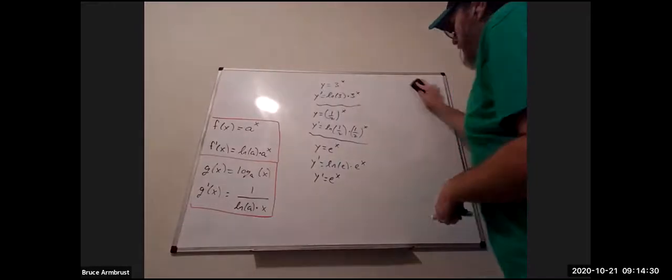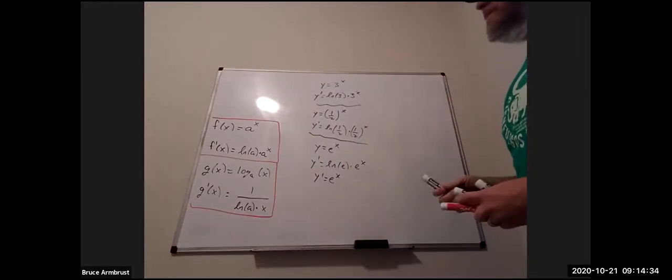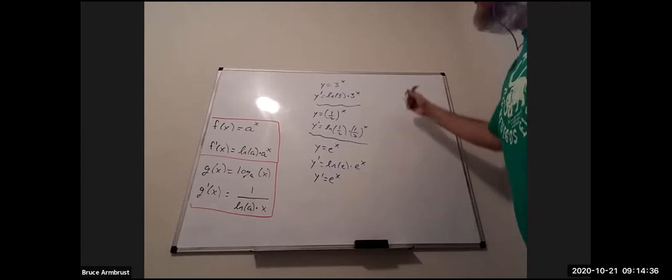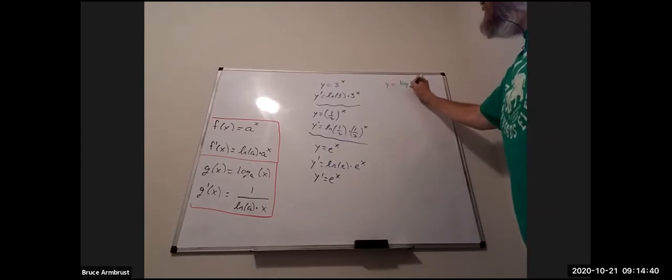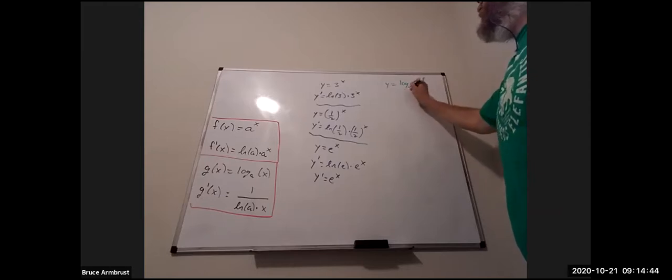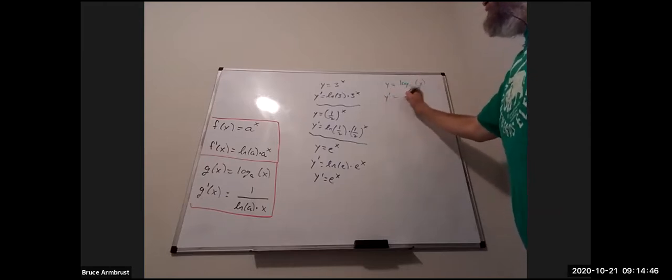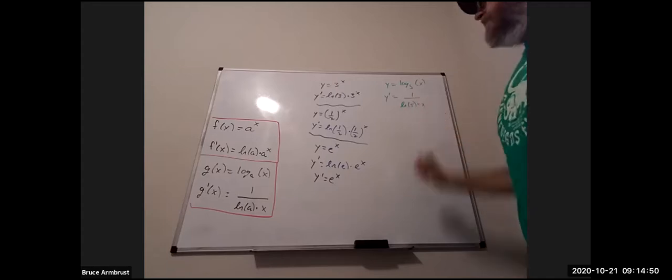So let me just show you a few of these. And again, they're nice and simple. It's just a matter of using that rule. So if we've got, say, y equals log base 5 of x, then y prime is going to be 1 over the natural log of 5 times x.